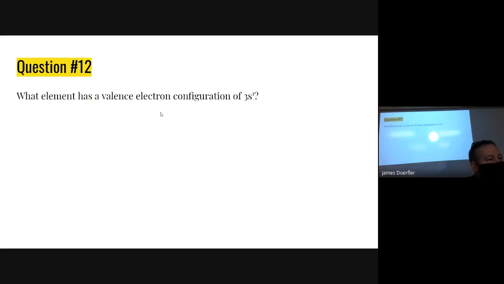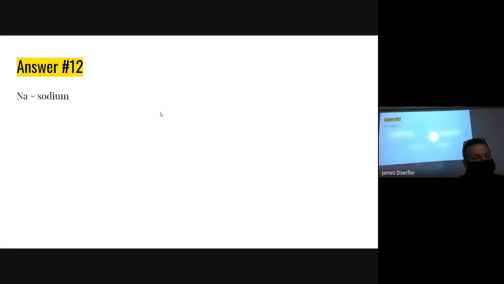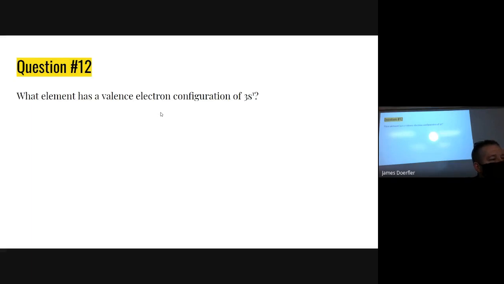Question 12. What element has a valence electron configuration of 3s1? I want you to take a look at your periodic table. Hopefully you have it out. 3s1. Anybody having sodium? Very good. Okay, I said valence electron configuration of 3s1.